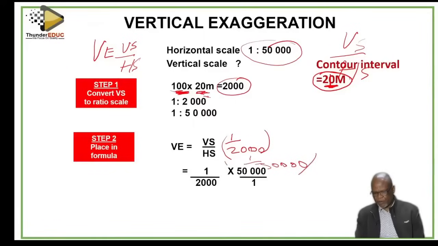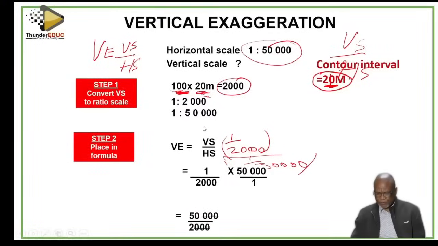But you cannot divide a fraction by a fraction, so instead you multiply 1/2,000 by 50,000 over 1. 50,000 times 1 is 50,000, and 2,000 times 1 is 2,000.